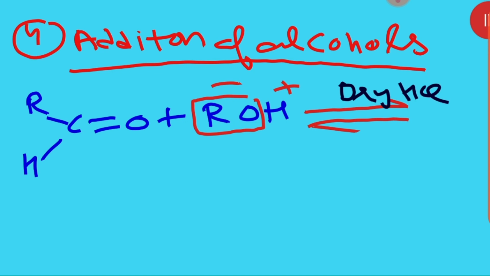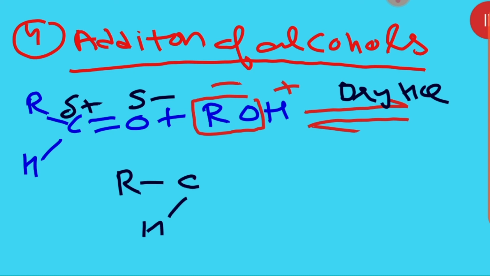Then it becomes RCH, with the carbon positive carrying OR, and with the O negative, H is there.